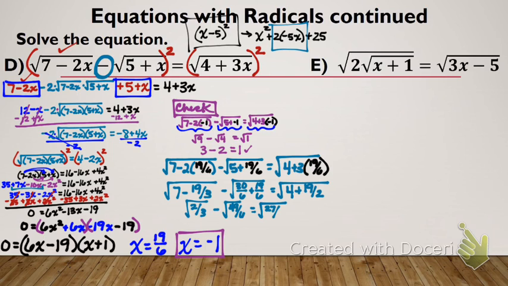Was that 27 over 2? So I have the square root of 2/3 minus 7 over the square root of 6.